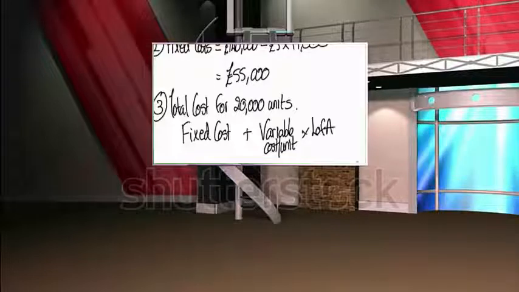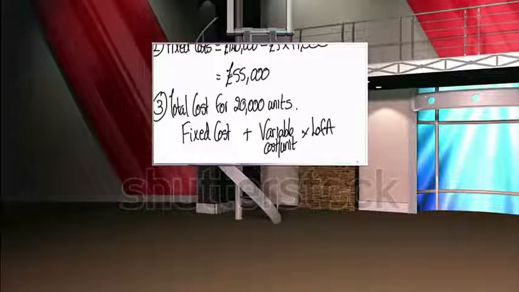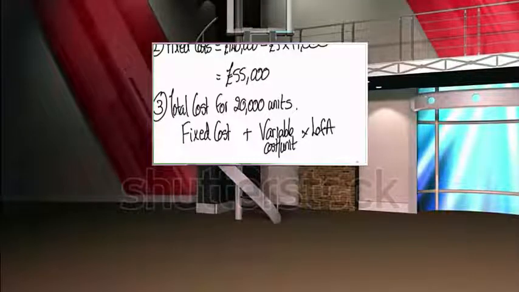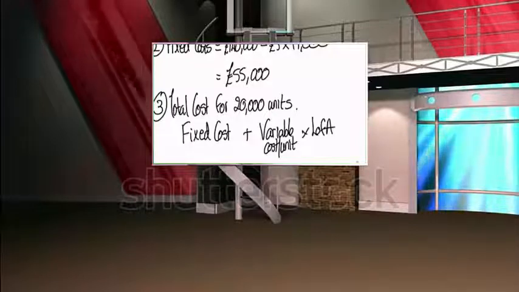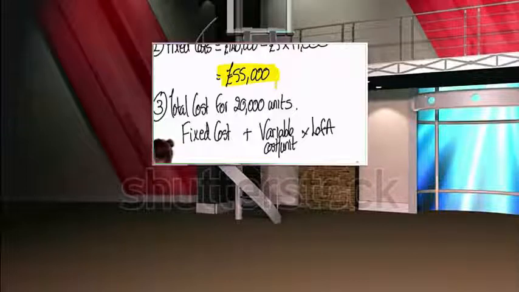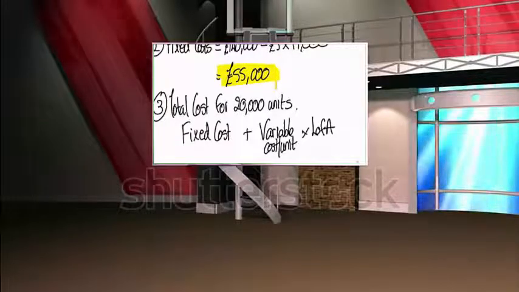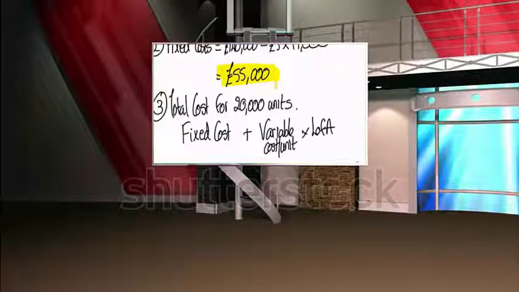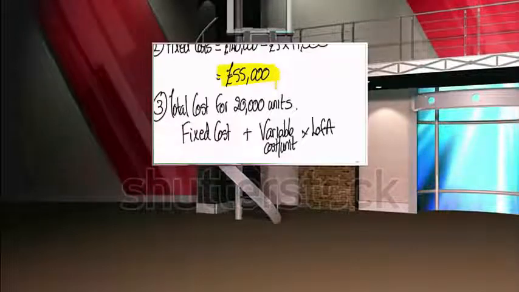So, first question, what will our fixed cost be when we produce 20,000 units? Well, we've just worked out in step 2 that our fixed costs are £55,000. But we need to be very careful.